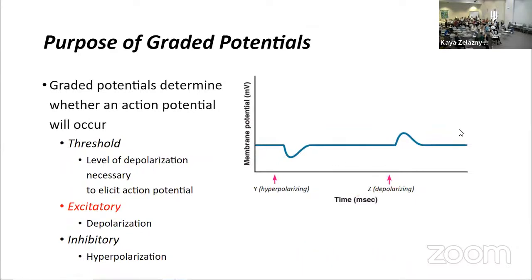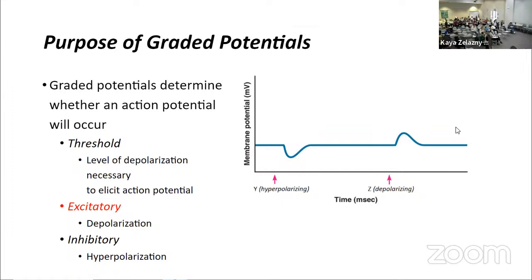The reason we care about our graded potential in large part is that your neuron is sitting there trying to figure out whether it's supposed to signal the next cell or not. We're sitting here at our resting membrane potential, trying to decide: do I fire off an action potential now or do I not?